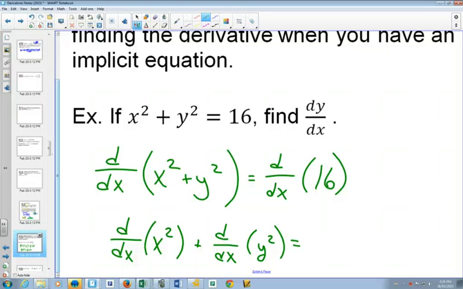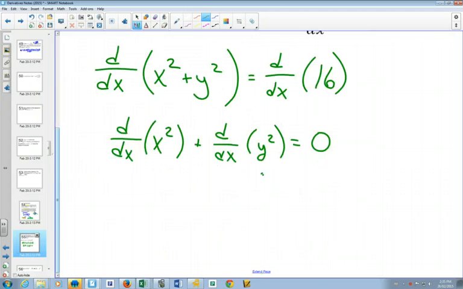And we may as well do this one right away. What's the derivative of 16? 0. A lot of this is easy. What's the derivative of x squared? 2x. So that part is going to be straightforward.